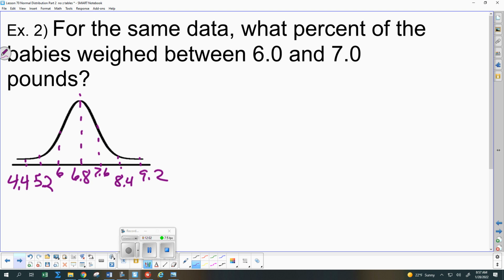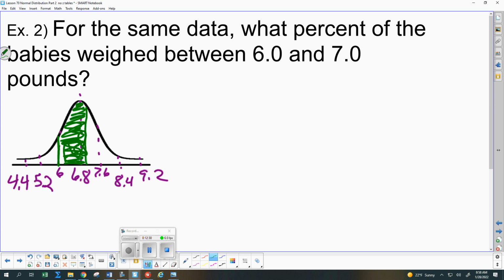This time we want between 6 and 7 pounds. 6 is one of the lines we already have. 7 is not. 7 is between 6.8 and 7.6, but it's not halfway between them. It's closer to the 6.8, so we draw this line closer to the 6.8 than to the 7.6, and shade in between.